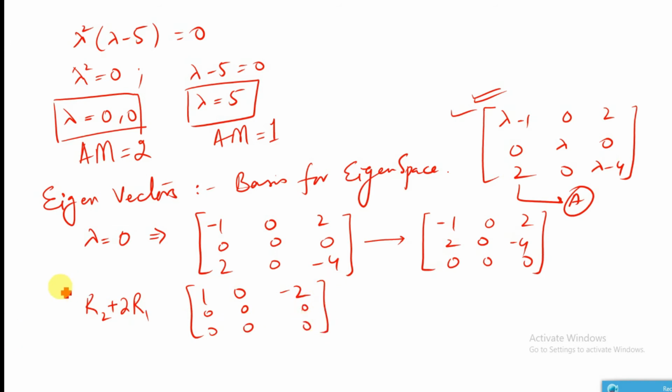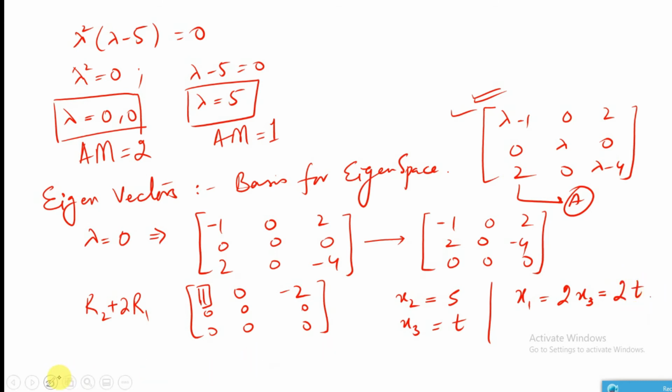Now this one is representing the leading variable, and here we have x2 and x3 as our free variables, so we are assigning parameters like s and t to our free variables. So the equation for x1 becomes 2x3, and in terms of the parameter it becomes 2t.